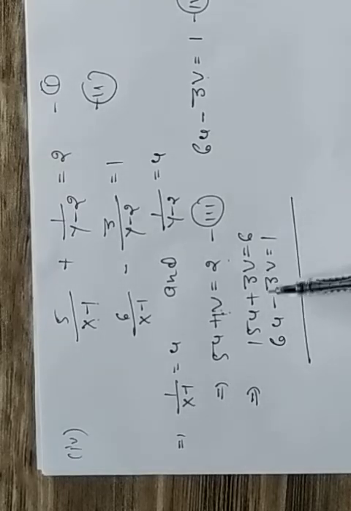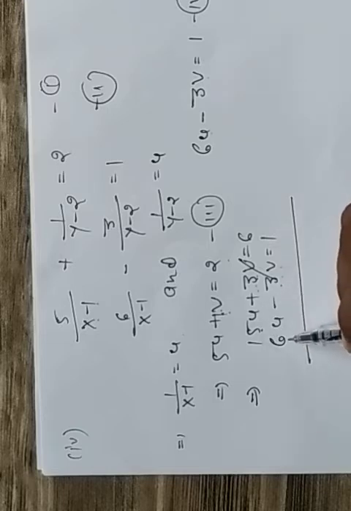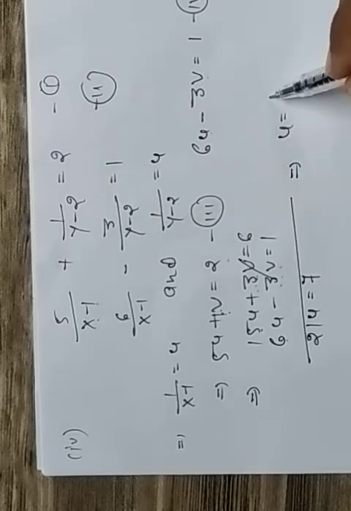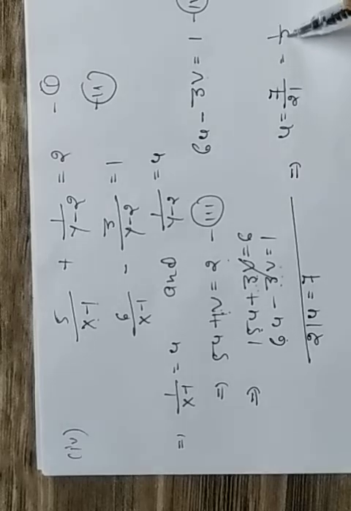Now solve it. Plus 3v and minus 3v cancel, and 15u plus 6u is equal to 21u, and 21u is equal to 6 plus 1, 7, which implies the value of u is 7 upon 21, which is equal to 1 by 3.